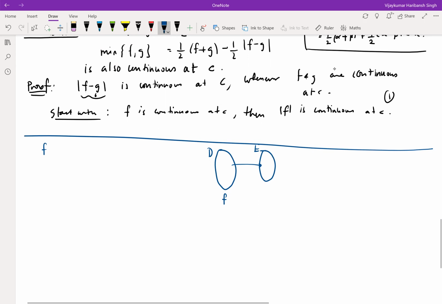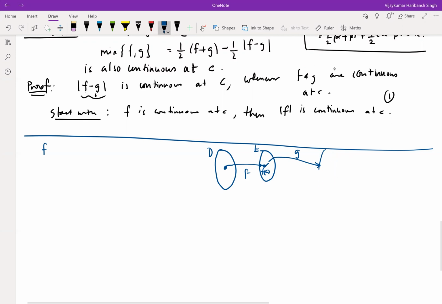And let's take another function g from E to R. Okay. So we have C, you go to f of C here, and then you apply g to this and you reach the point g of f of C. So g of f of C.